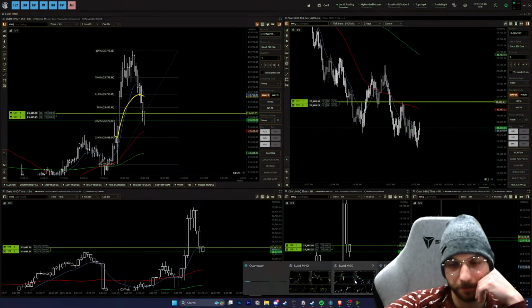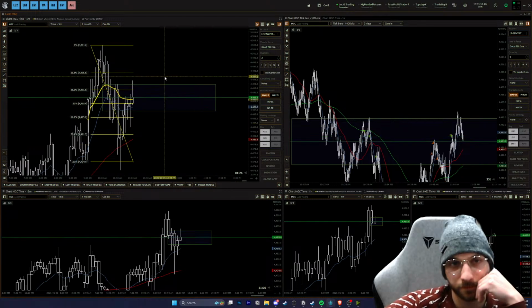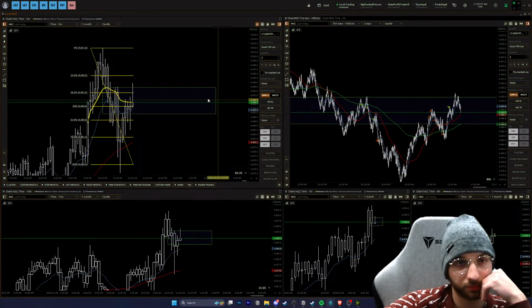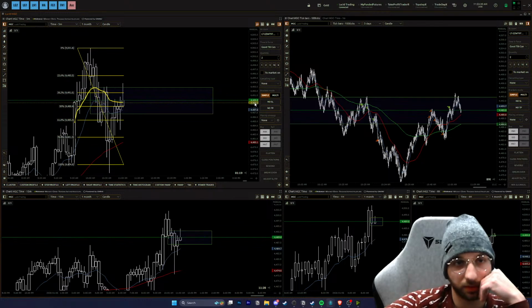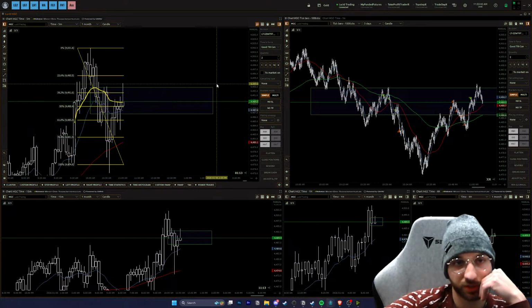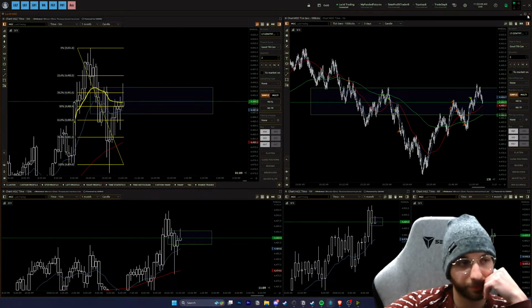Yeah, wow, gold is definitely getting choppy. Just in the middle of the range at VWAP. Up and down.